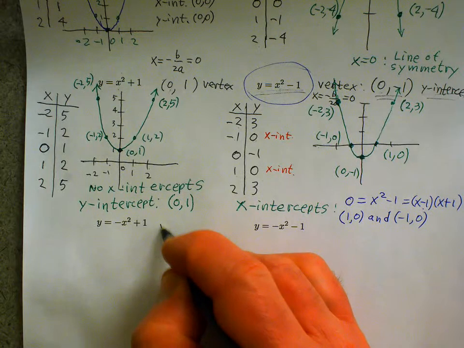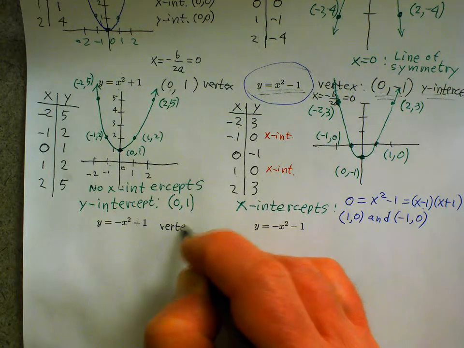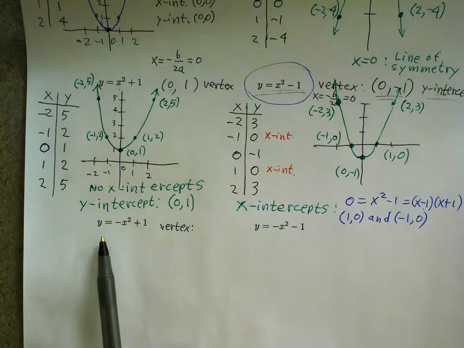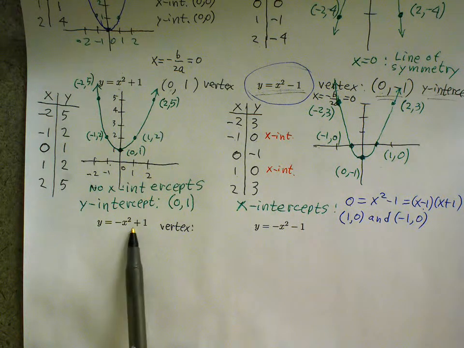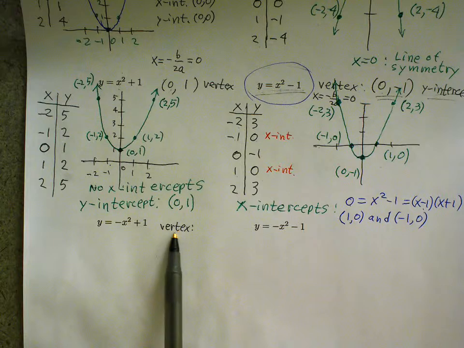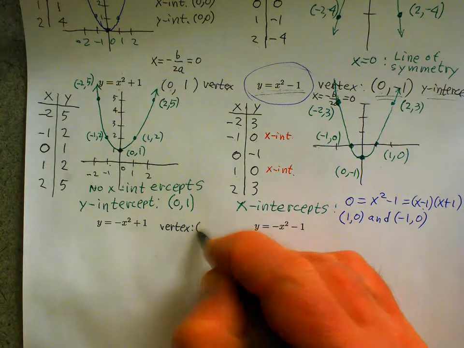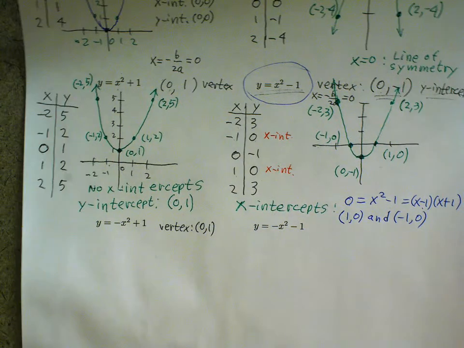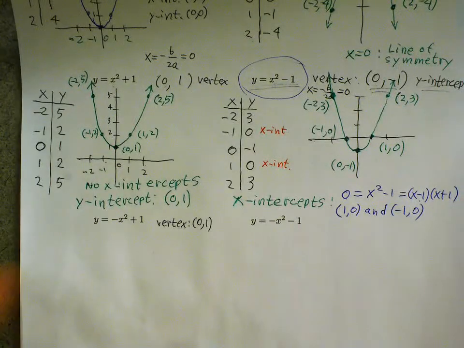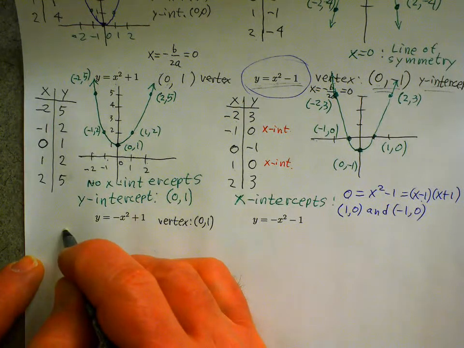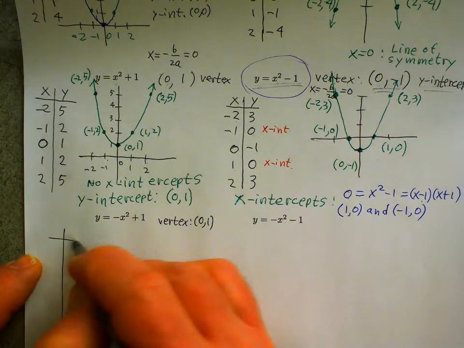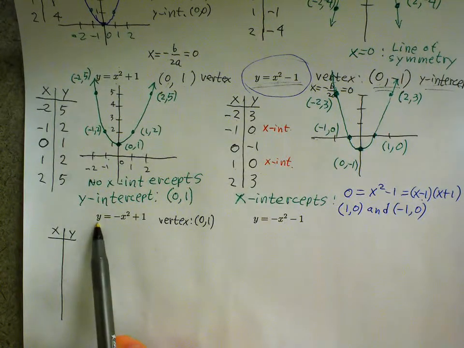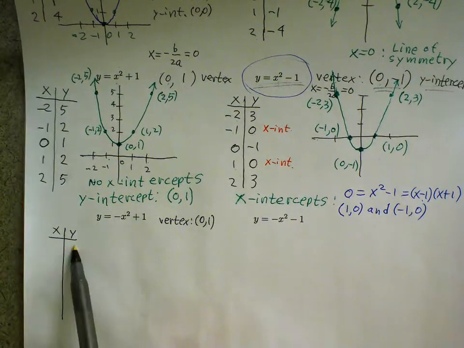The vertex of this graph, let's see, the x-coordinate is negative b over 2a. Well, since b is 0, the x-coordinate of the vertex is 0, and the y-coordinate is 1. So we'll pick a few x-coordinates, use the function as a formula for finding the y-coordinates.